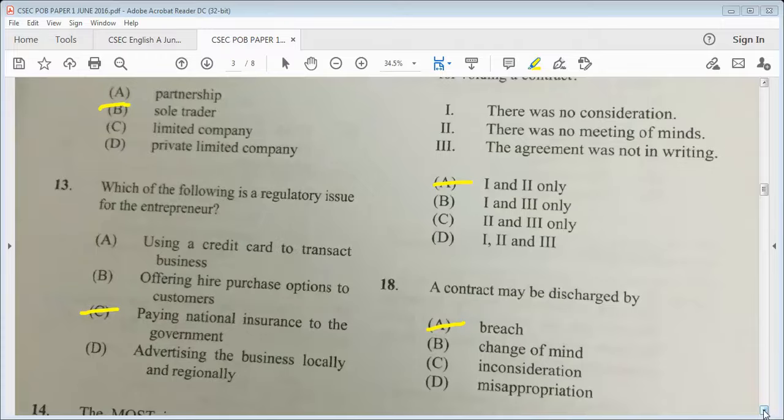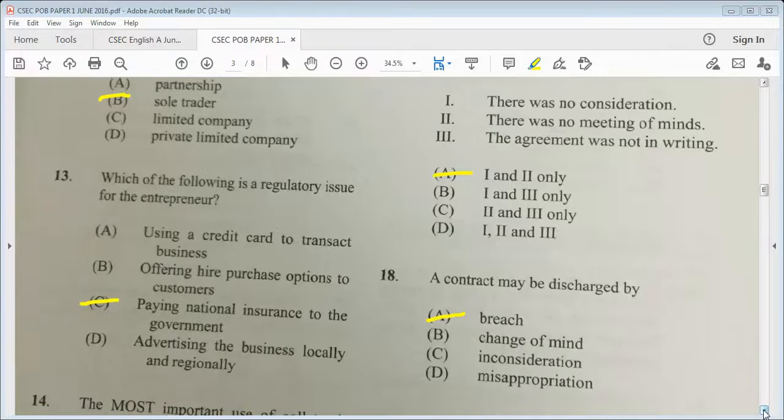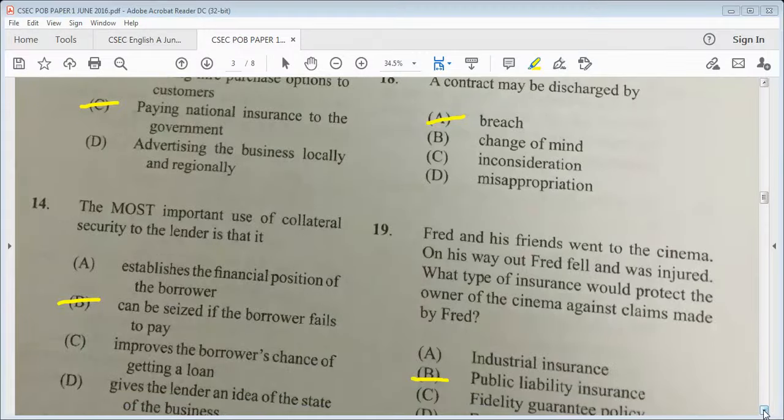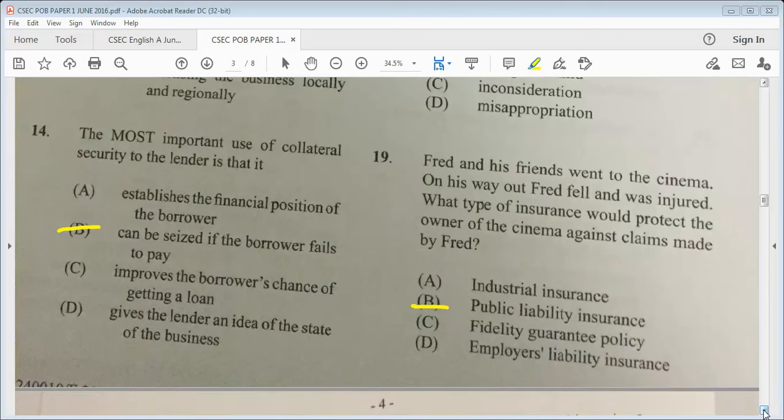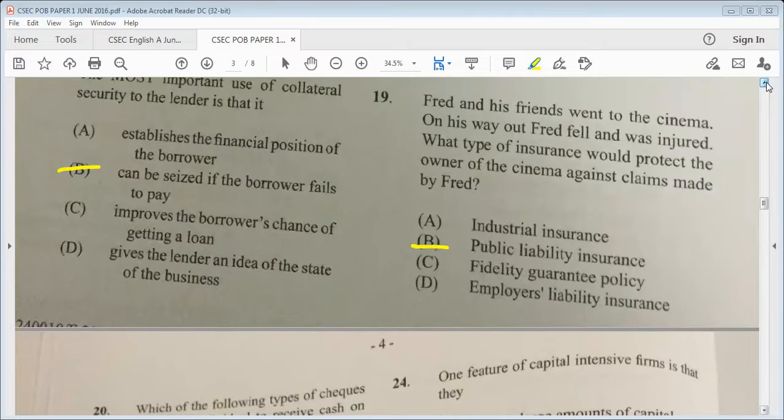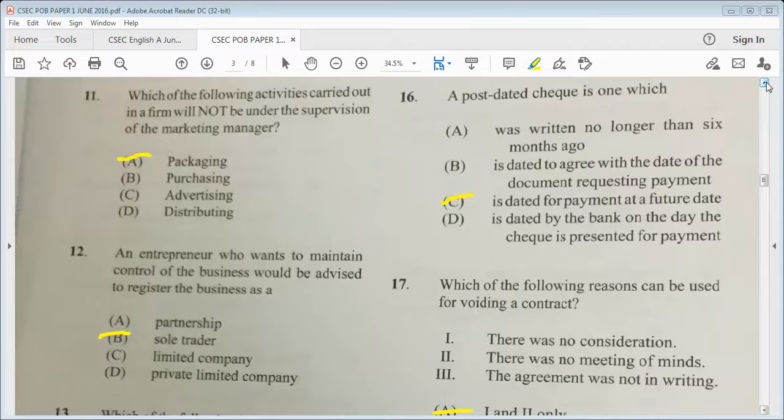Our answer C. Paying national insurance to the government. 14. The most important use of collateral security to the lender is that it B. Can be seized if the borrower fails to pay.